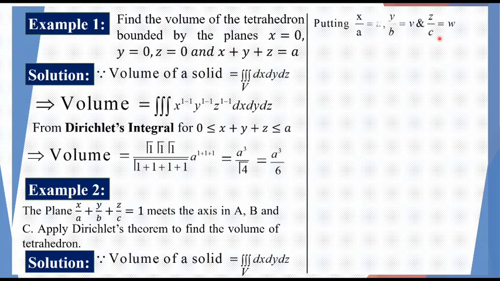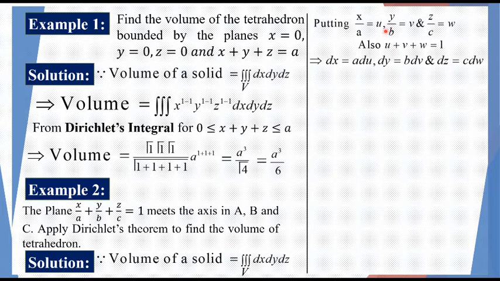So for this we can put x upon a equals to u, y upon b equals to v, and z upon c equals to w. So from here x equals to au, y equals to bv, and z equals to cw. And this x upon a plus y upon b plus z upon c is converted into u plus v plus w equals to 1.